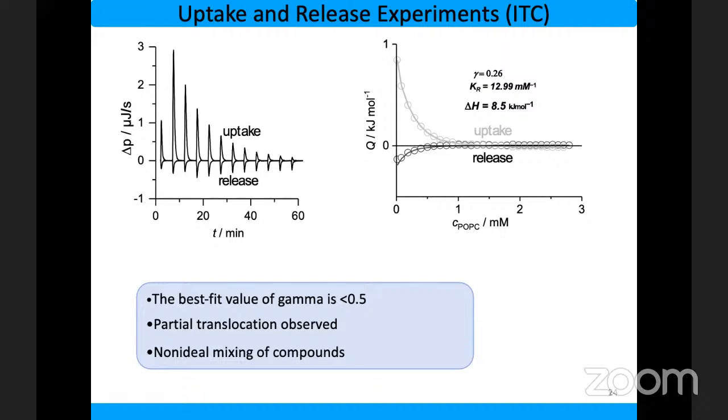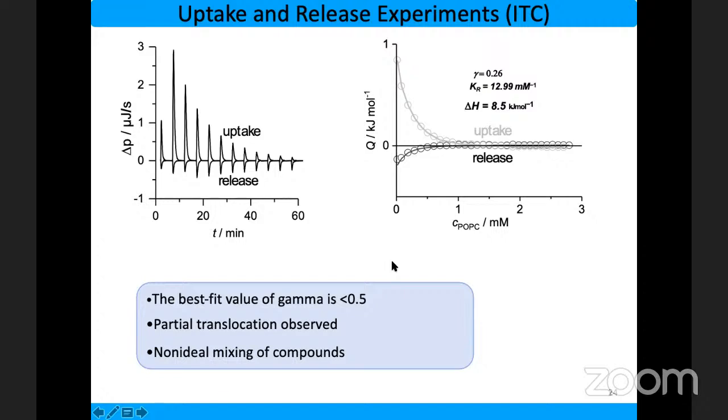Particularly, we are using the ITC experiment because it calculates the enthalpy of the reaction directly. So from there, we can calculate other thermodynamic parameters. Here, we calculated the lipid susceptibility factor, the partition coefficient, and the enthalpy of reaction of some of these surfactant molecules.